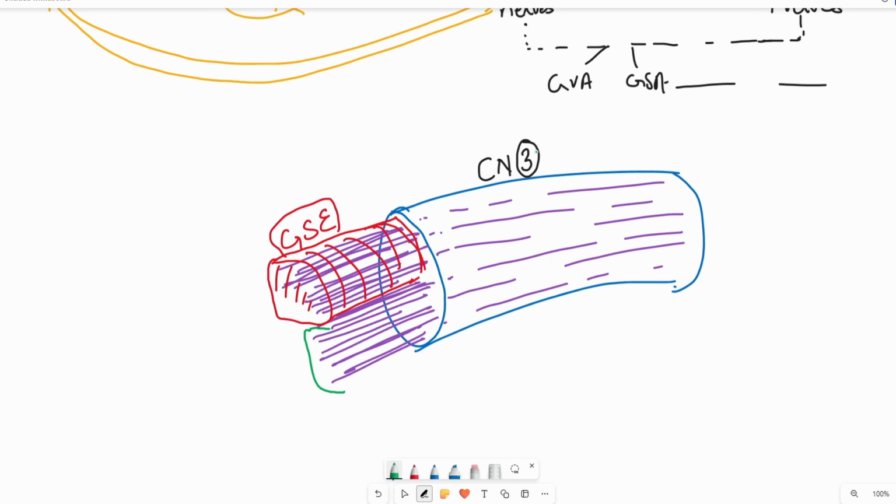For example, this third nerve is actually containing general somatic efferent, and along with that it is also containing the general visceral efferent to the sphincter pupillae muscle. We will learn these things later, but it's just a sneak peek into the future.